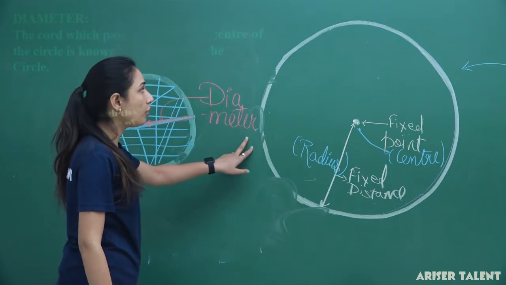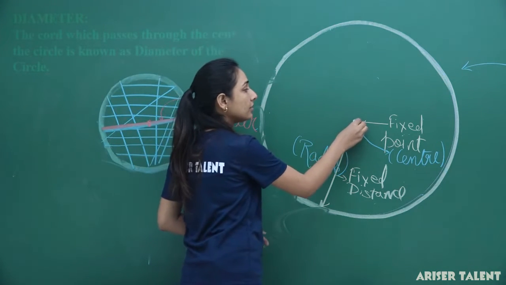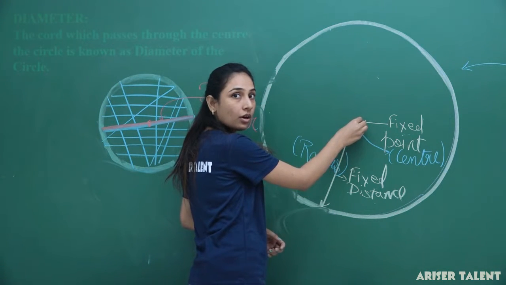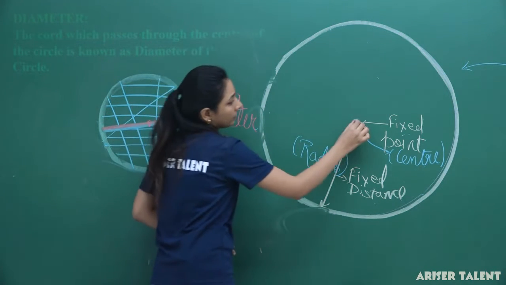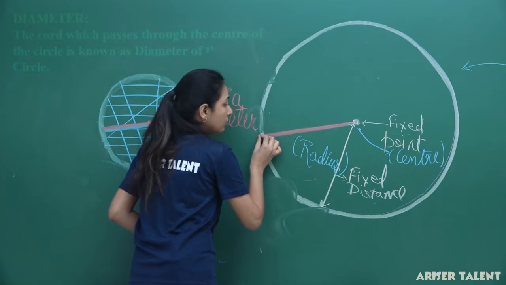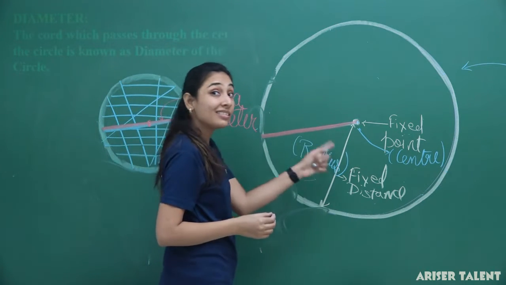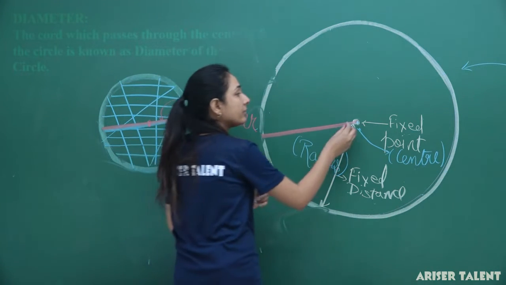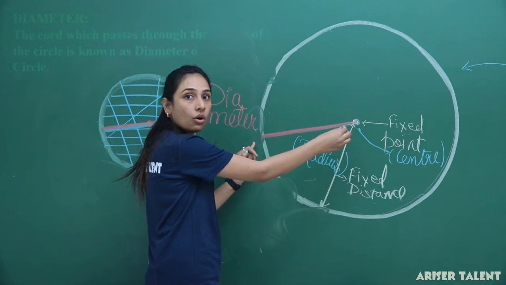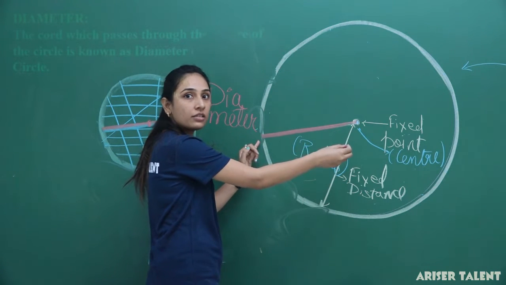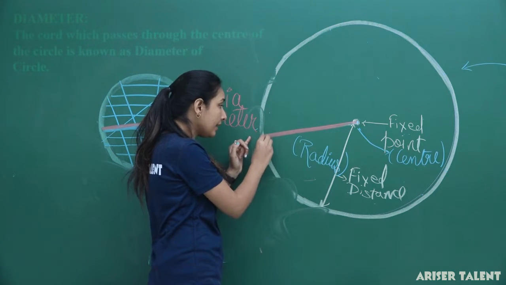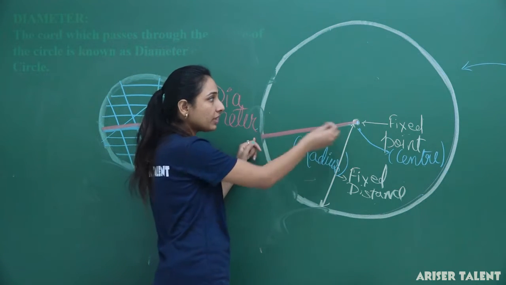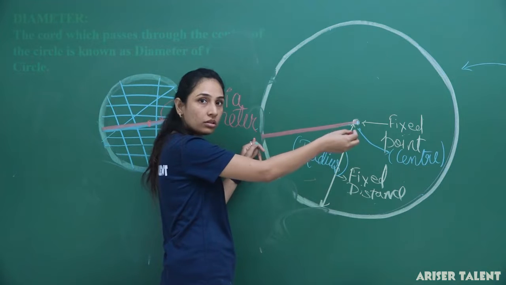Right. So if I talk about this diagram, this is the center and this is the circumference. So that will be what? The fixed distance, the radius. But if I extend this, now this is not a chord. Why is it not a chord? It is not a chord because one end touches the circumference, but the second end is at the center, not on the circumference.